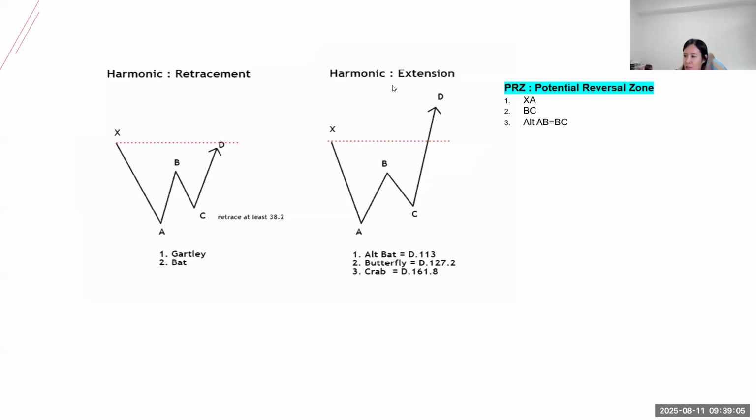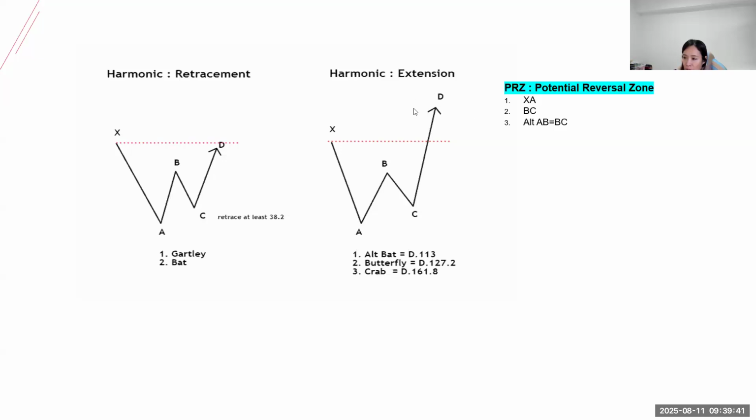For the extension, meaning that B goes beyond or above the X leg, we have the Alternate Bat, where B would end around 113%. Butterfly pattern would be 121, meaning that C retraces 78.6% and the D leg ends with 127. Crab would be extension 161.8, meaning that C retraces about 61.8%.